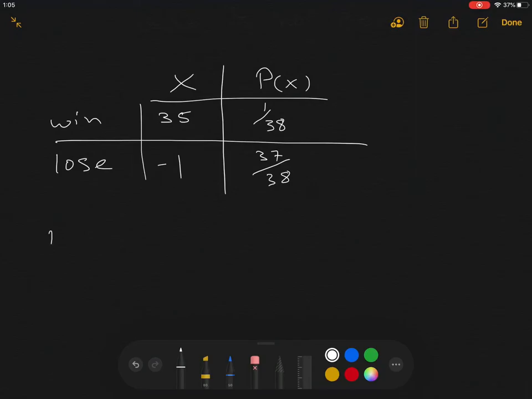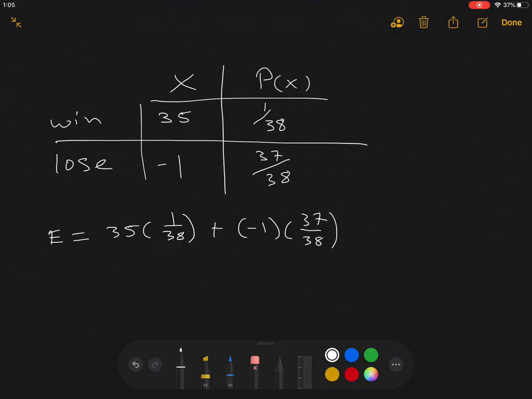Now to find the expected value, again, do you see how valuable this table is? The table is very valuable. Now you just multiply across the rows. Expected value is 35 times 1/38 plus -1 times 37/38. Okay?